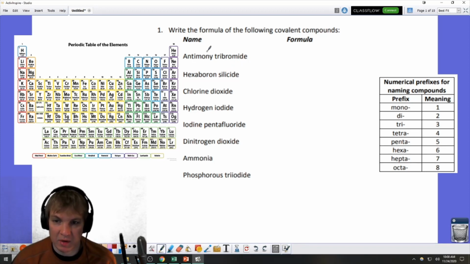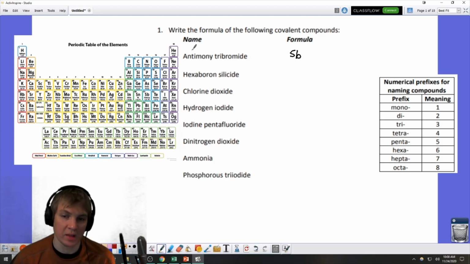And it says antimony tribromide. So if I take a look at the periodic table and I try to find antimony, it's right here. It's labeled as Sb. All right, so I'm going to put S and then b. And then I notice that it doesn't have any numerical prefix, no mono, di, tri, whatever. So basically what that means is there's only one of them.